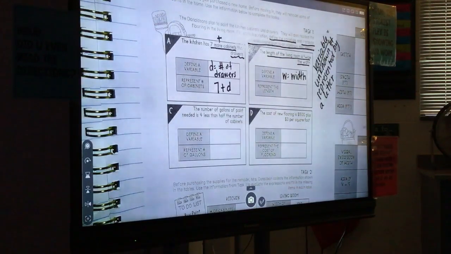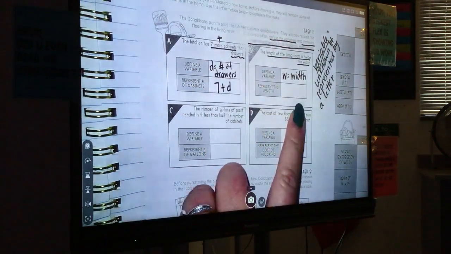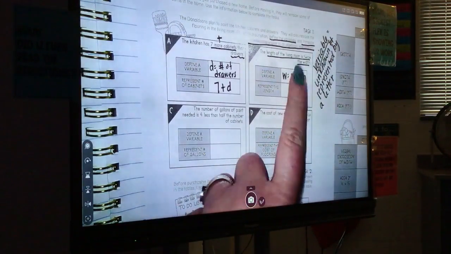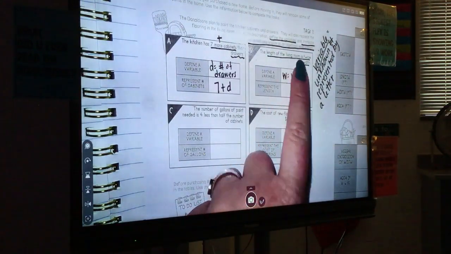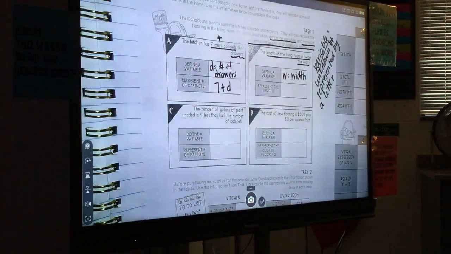Yes, but remember how we wrote an algebraic expression here? What's our algebraic expression there? Zach? L. Nope. The length is, it tells us the length of the living room is twice the width. So what is our expression? Twice the width.